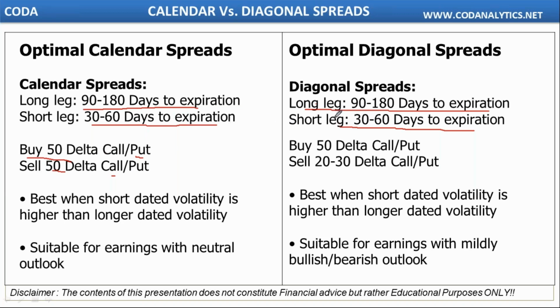For the diagonal spreads, we're looking at a buy of 50 delta call or put, and 20 to 30 delta call or put on the sell side. So basically, that is the only difference so far.